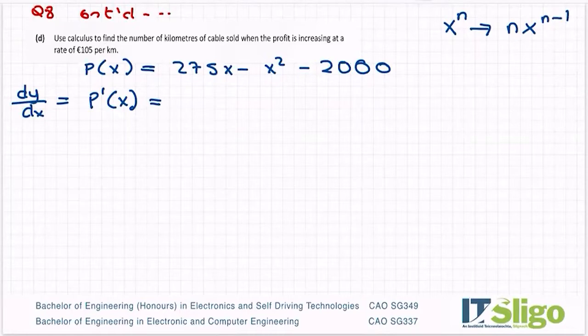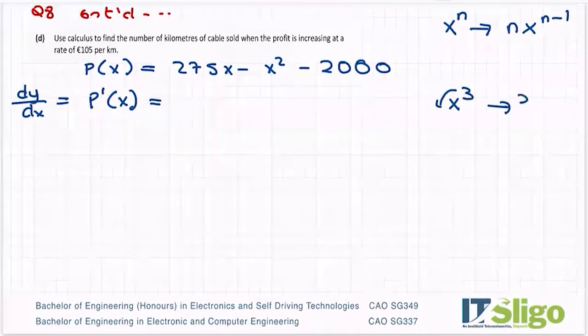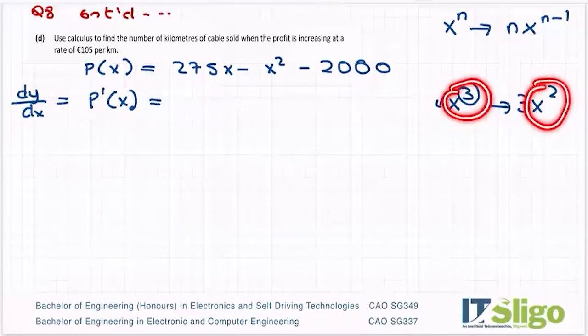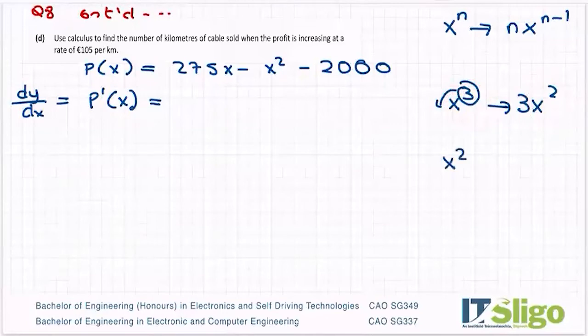So our x values go down every time. In other words, if it's x to the power of 3, I take the 3 down in front and I reduce the power by 1. So can you see x cubed is going to x squared? If I differentiate x squared, take the 2 down in front, reduce the power by 1.